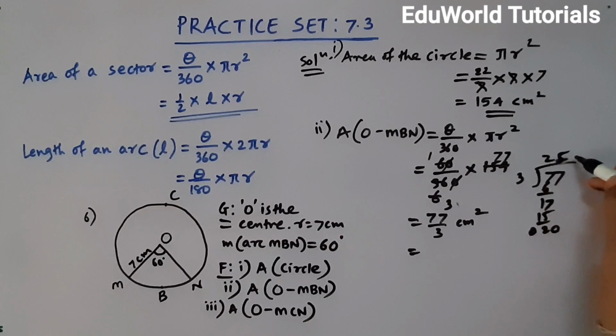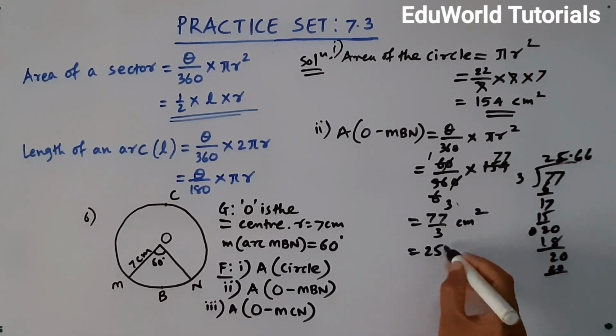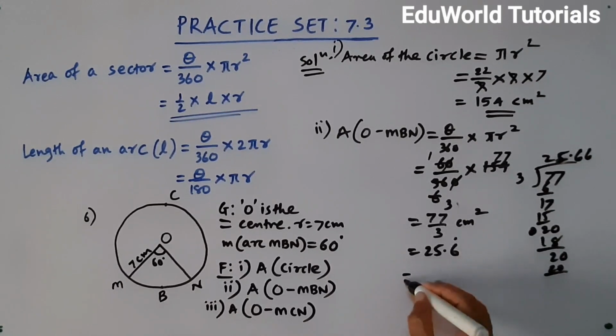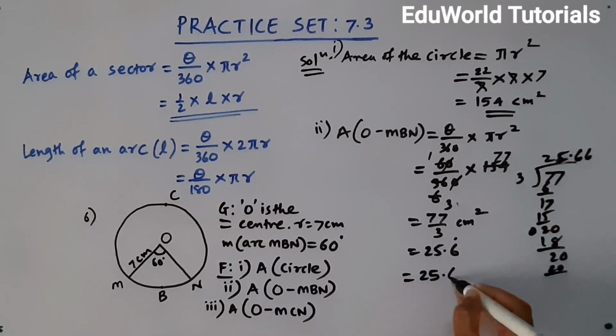Now 0 will be taken extra, so 3 6s are 18. This is a recurring form of division. Again same digit will recur. So 25.666, and let us round it off. 6 is recurring, you know how to put recurring 6, and we can round it off actually. 25.67 centimeter square.